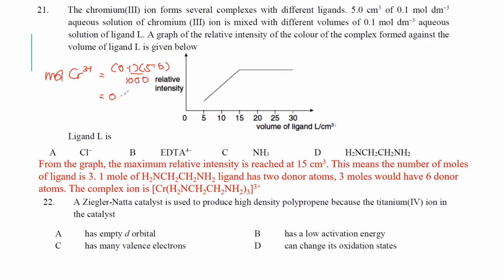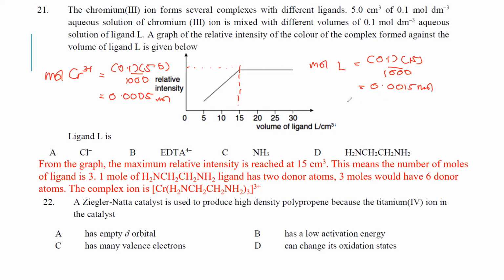So you get 0.0005. And then if you notice carefully, the maximum volume required in here is 15, isn't it? So the mole of the ligand is equal to 0.1 multiplied by 15, divided by 1000. So you get 0.0015 mole.